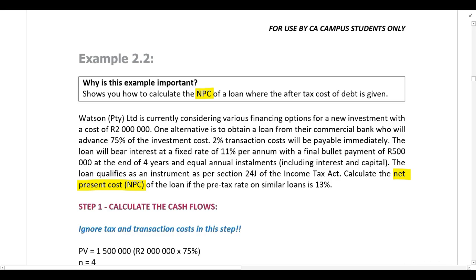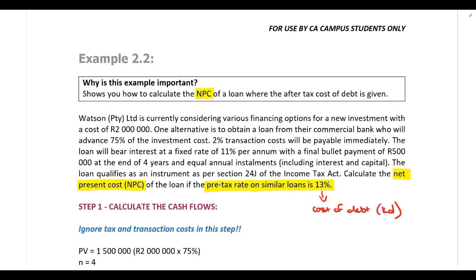And in order to calculate the net present cost, they need to give you the after-tax cost of debt. So you've been told that the pre-tax rate on similar loans, the market-related rate, is 13%. That is going to be the cost of debt.